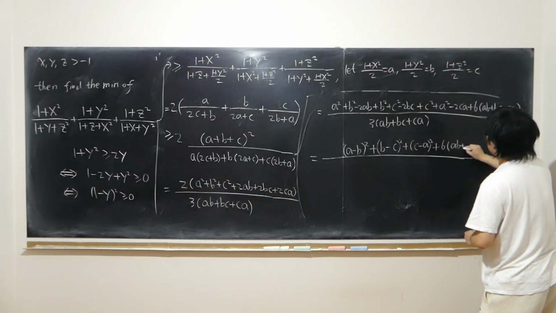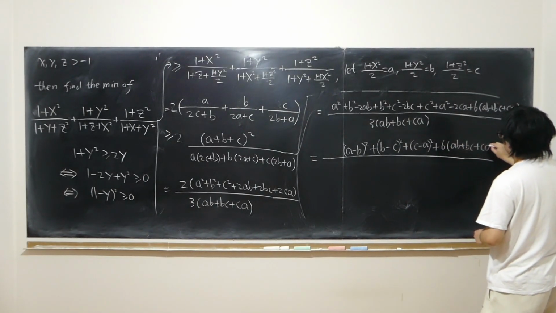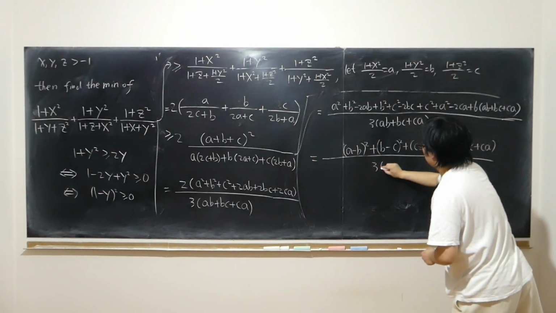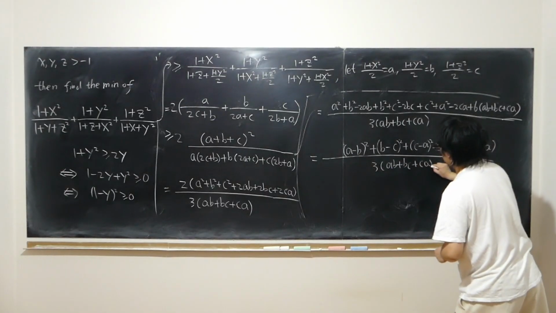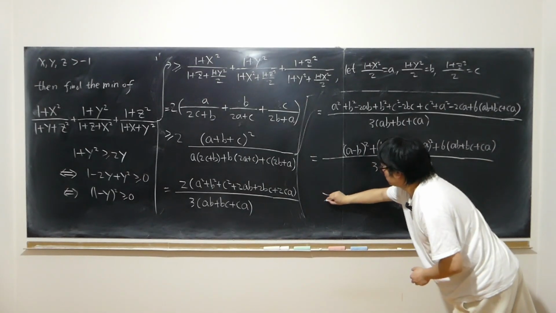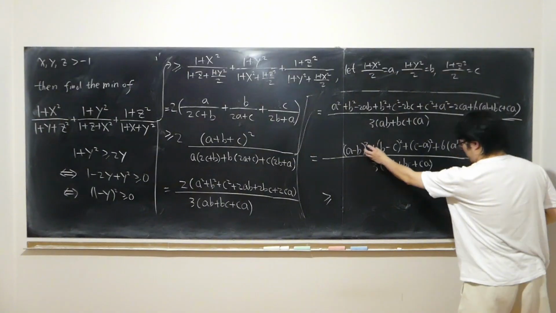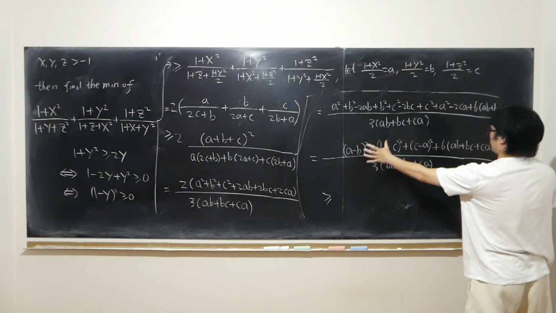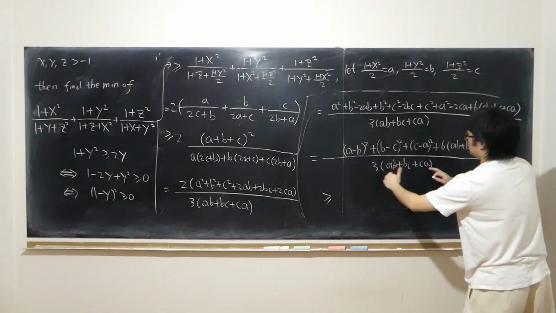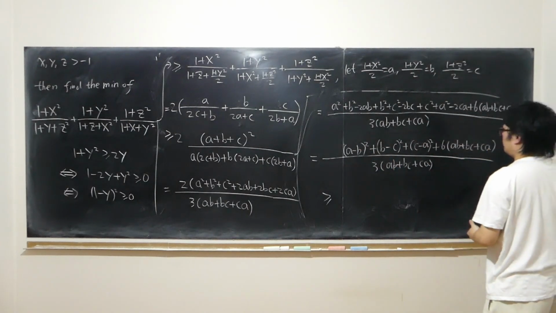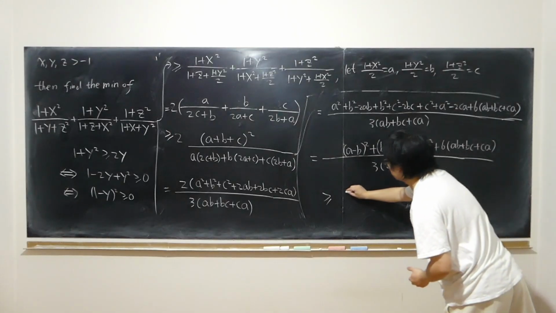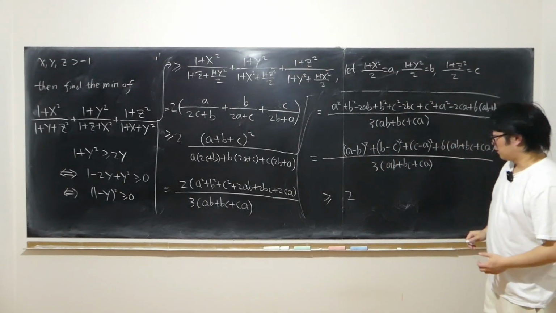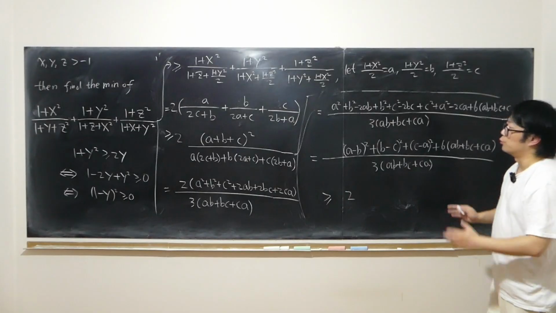Since this is of course non-negative, just get rid of them. It's no larger than this over that, which is simply 2. So of course the minimum value is just 2.